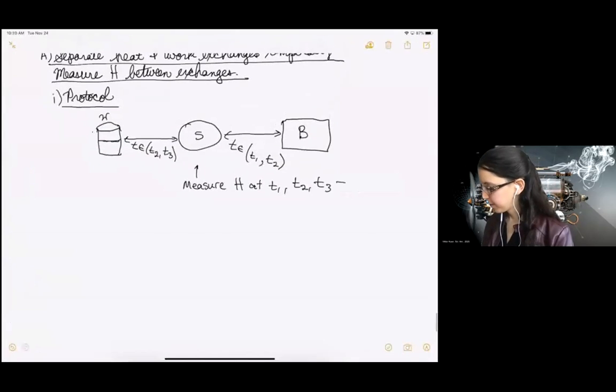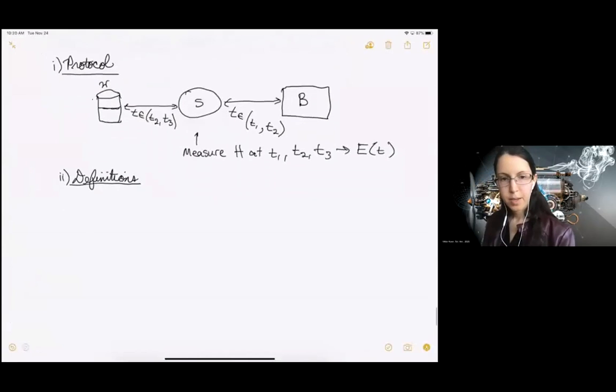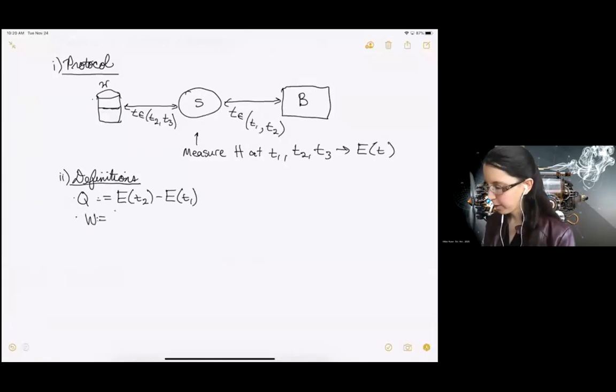So we will get an energy at each of those times t. We define work and heat as follows. All energy exchanged with the bath is heat. So Q will be defined as the energy at time T2 minus the energy at time T1. And we define as work all the energy exchanged with the battery: the energy at T3 minus the energy at T2.